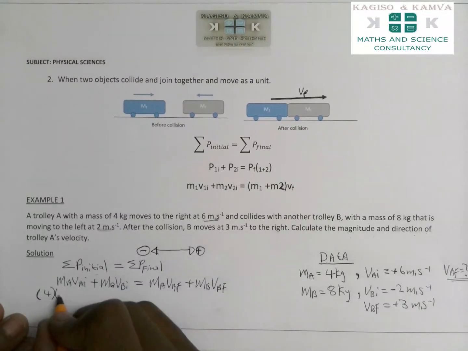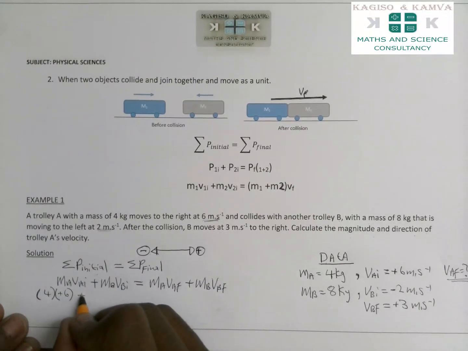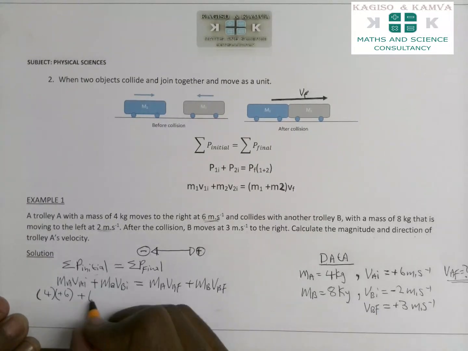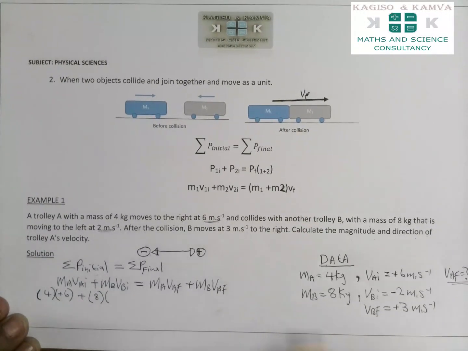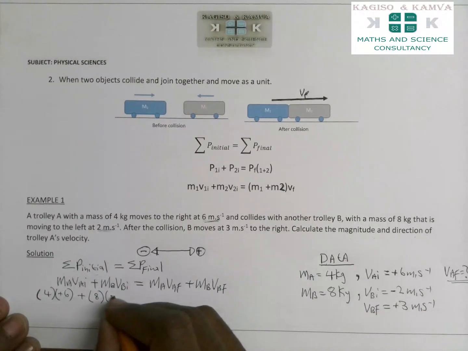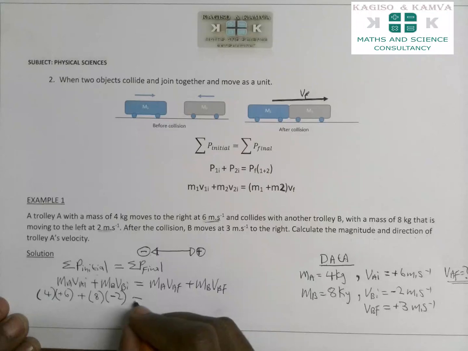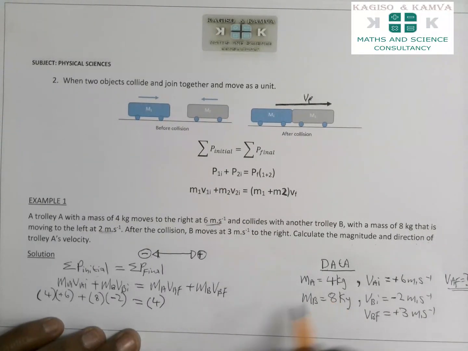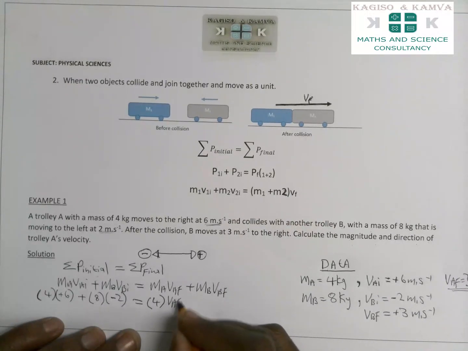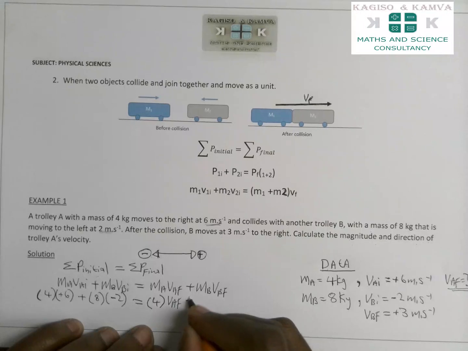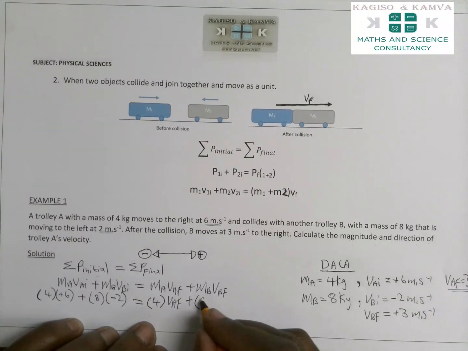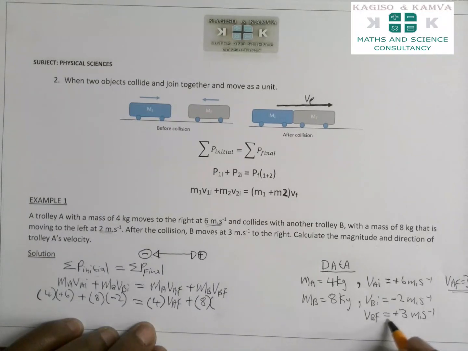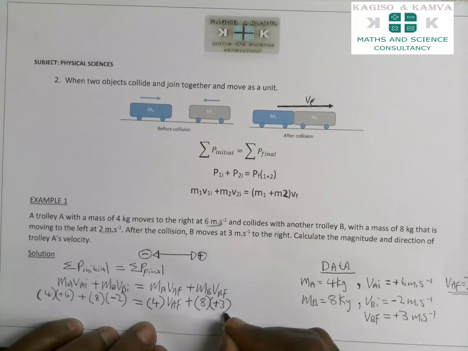Initial velocity, that will be positive 6, plus the mass of B, which is 8, times its initial velocity, negative 2, since it's moving to the left, is equal to the mass 4, and we're looking for VAF, that will be 4 VAF, plus the mass of B, which is 8, and now final VBF is positive 3.